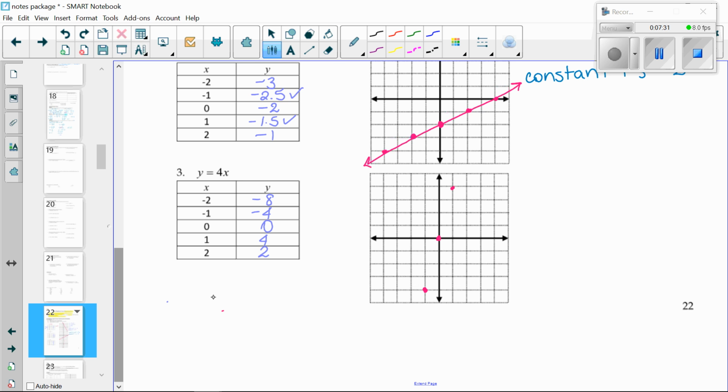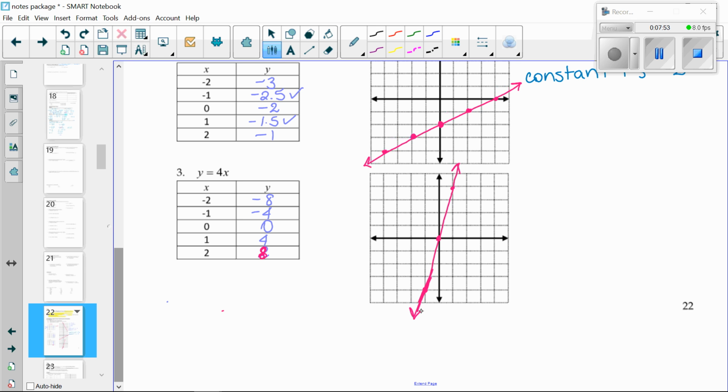And then 2, and that should be 8. My apologies. 2 and 8. Okay, so now I'm going to join my points as best as I can. There we go. Extend your line out. Make sure you include your y-intercept and any x-intercepts that are needed.